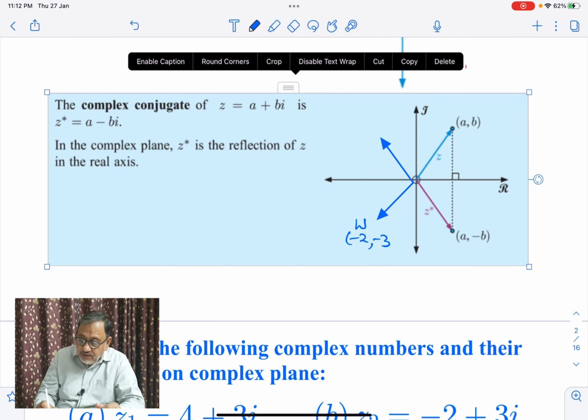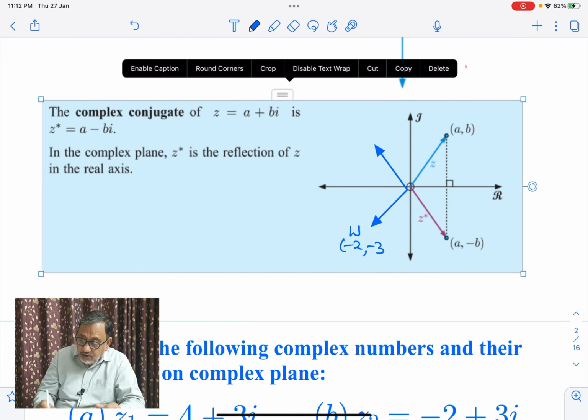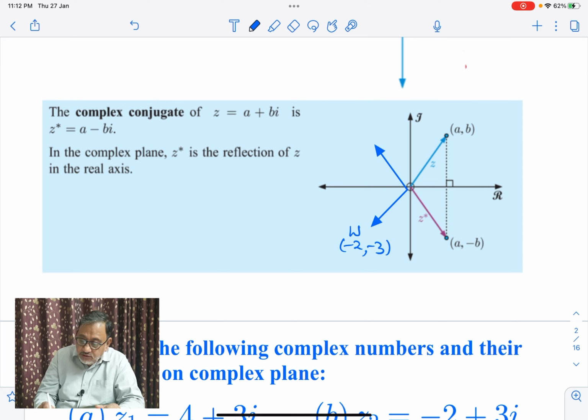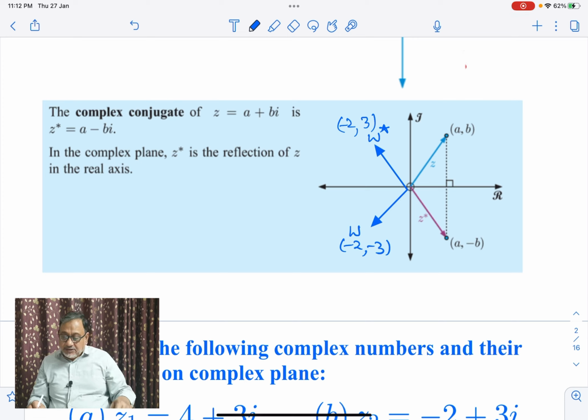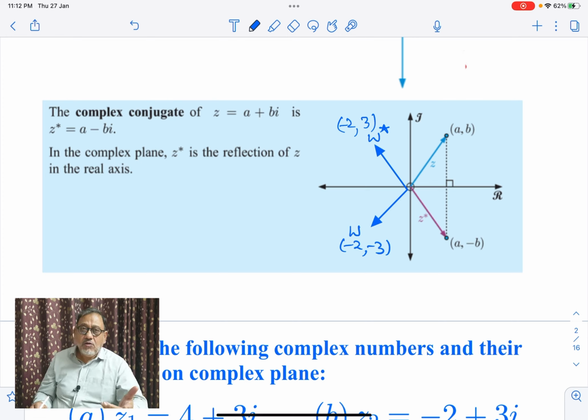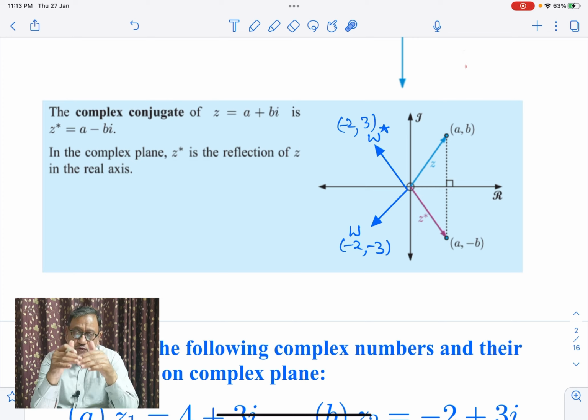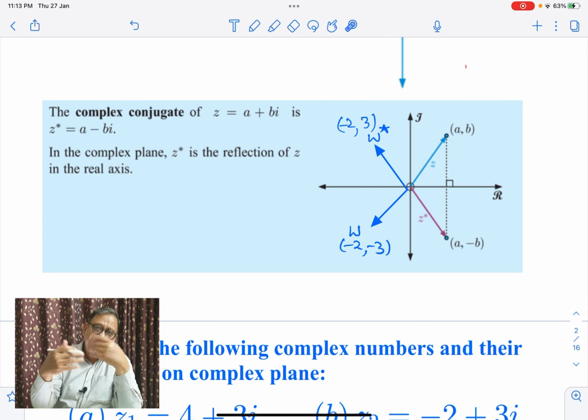And here up you are going to have w conjugate, and it will be given by -2, +3, because we changed the sign of the imaginary part to write a complex conjugate, right? Okay, so I hope you understood how to represent the conjugate of a complex number. So please remember the thumb rule. For any complex number, if you are on the complex plane, if you want to represent its conjugate, take its reflection in the real axis, and that will represent its conjugate. Okay.